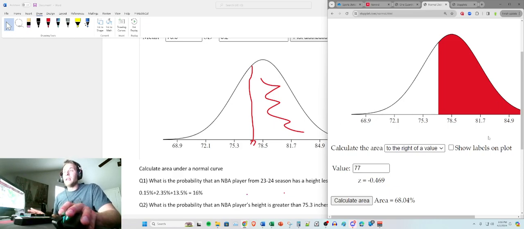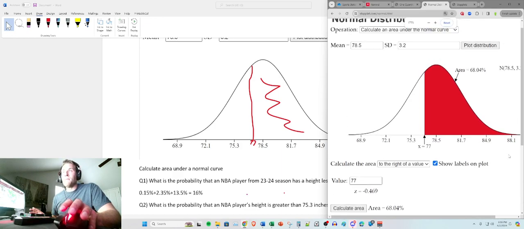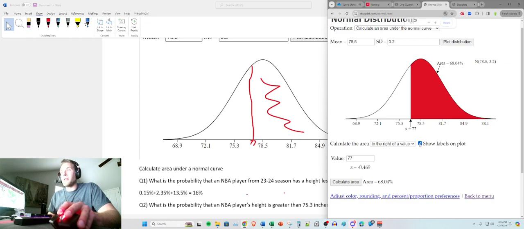And it's in red. And we can click show label on plot. I actually really like how it shows it. And by the way, it also includes this notation that we introduced yesterday. So it gives you the area at the bottom here, but it also includes the labels, which I really like. So make sure you have that.